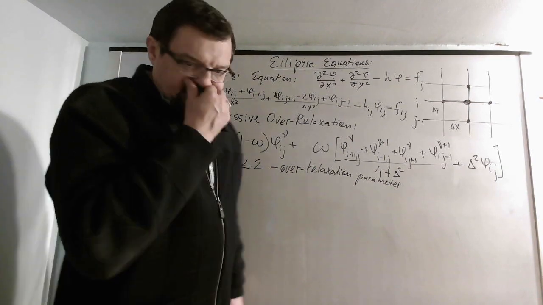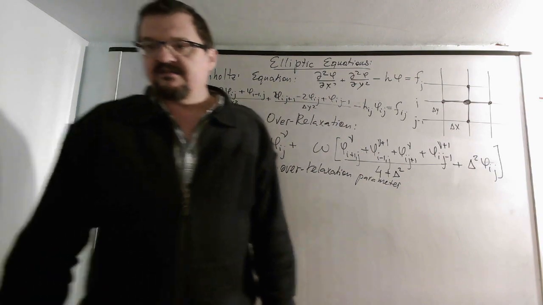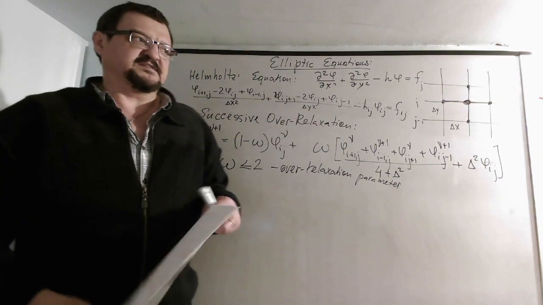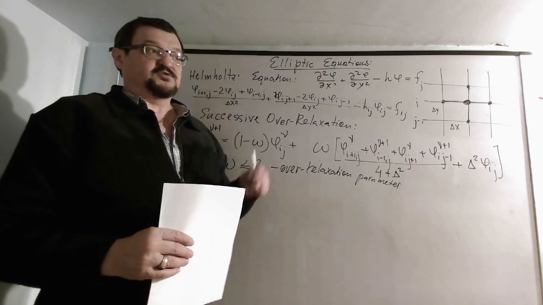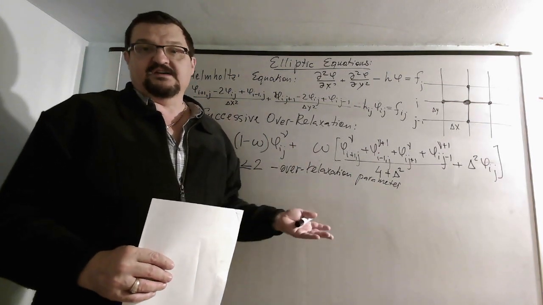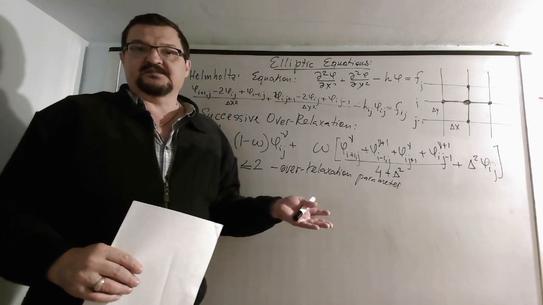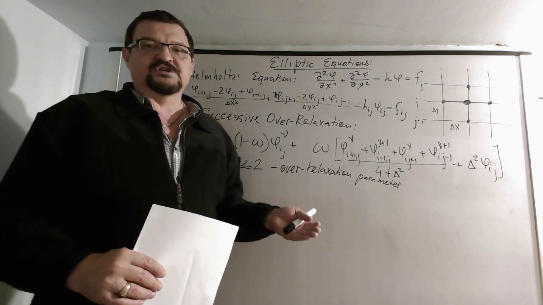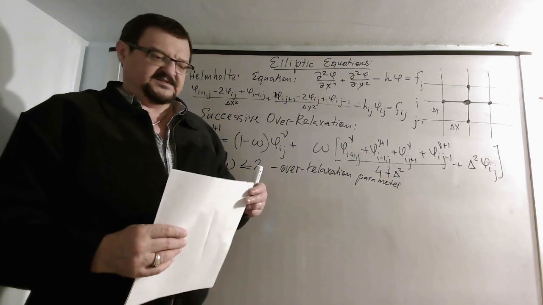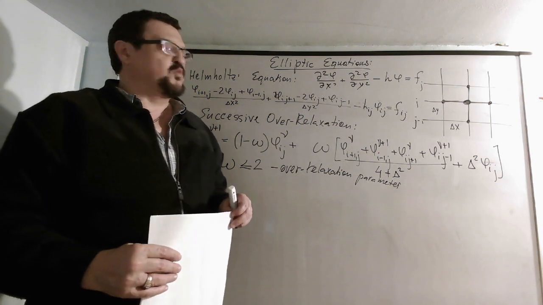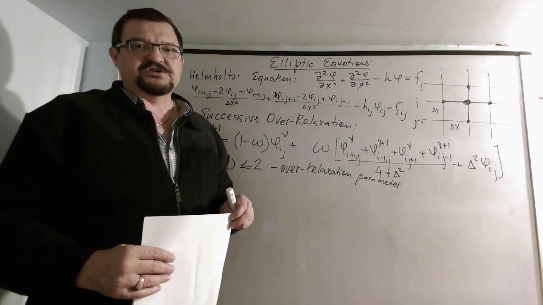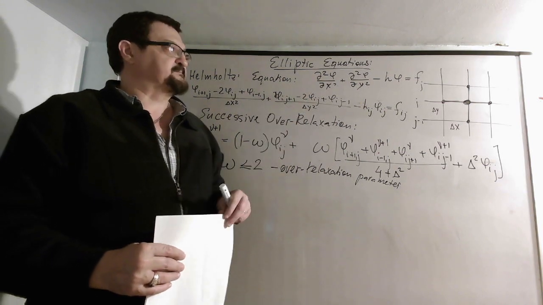Okay, so now there are other methods, so-called direct methods. Direct means that no iterative procedure is involved. The solution is precise, so you can find a precise solution using a direct method. And it only works in a very few special cases of this equation.